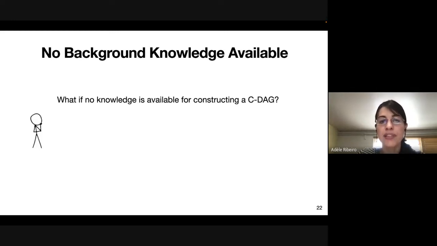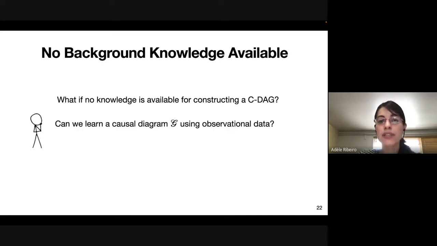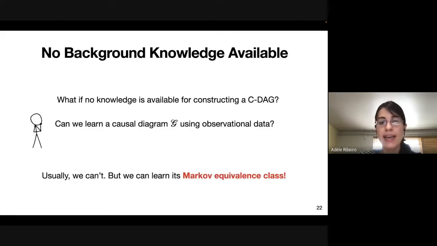What will happen if I have no knowledge available, even for a cluster diagram, even with this more relaxed framework? Can we learn a causal diagram just using observational data? Usually we cannot, but we can learn from observational data another class of graphs, or causal diagrams, that's called the Markov equivalence class.